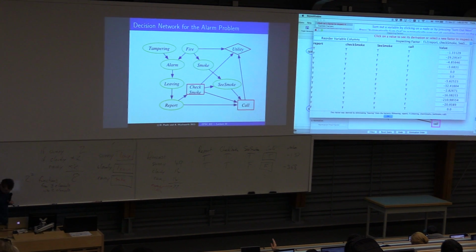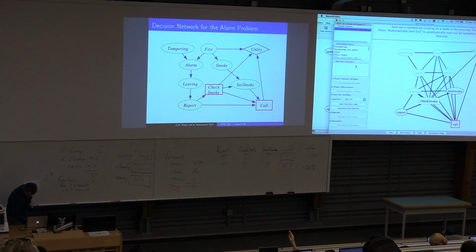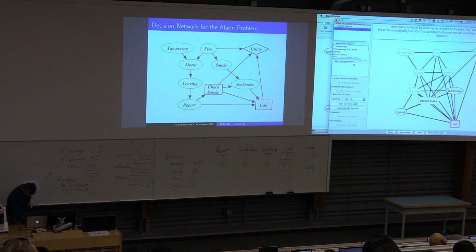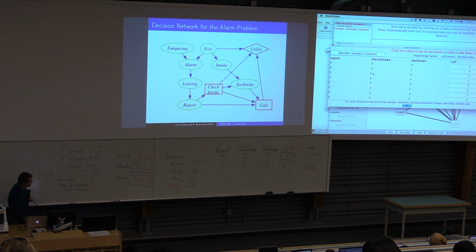So, okay, let's keep going here. I'm going to eliminate call. I'm going to end up with this decision function, which is the one we saw before. Report, check smoke, see smoke all true: we're going to call.